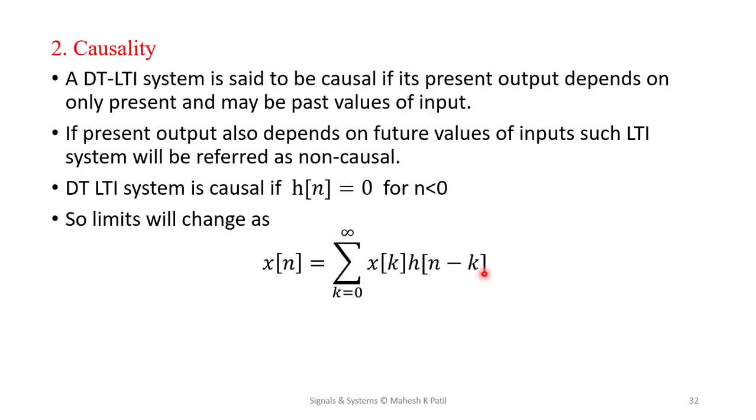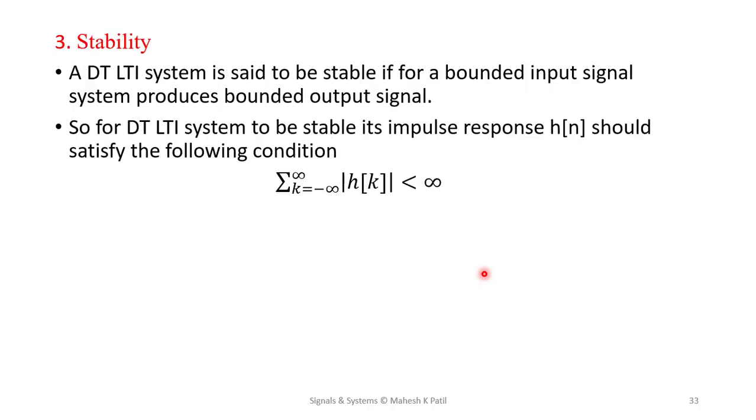So this is the final equation as far as y of n is considered. Now we'll see the next property, that is stability of a system. A DT LTI system is said to be stable if a bounded input signal produces a bounded output signal.